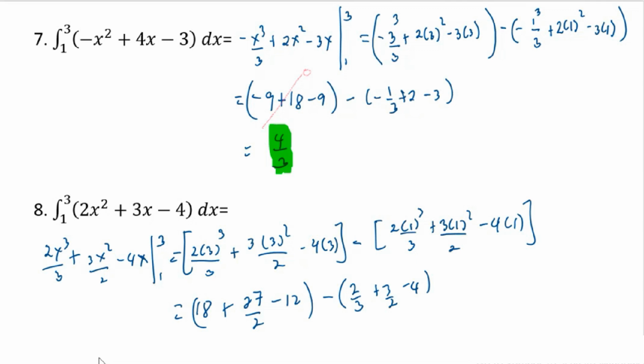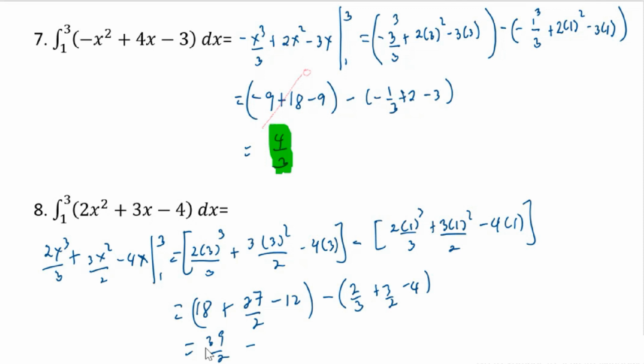So we have 18 plus 27 over 2 minus 12, or you may combine first 18 minus 12, that is now 6, and then plus 27 over 2. So we have now the answer of 39 over 2 minus, we have 2 thirds plus 3 halves minus 4.